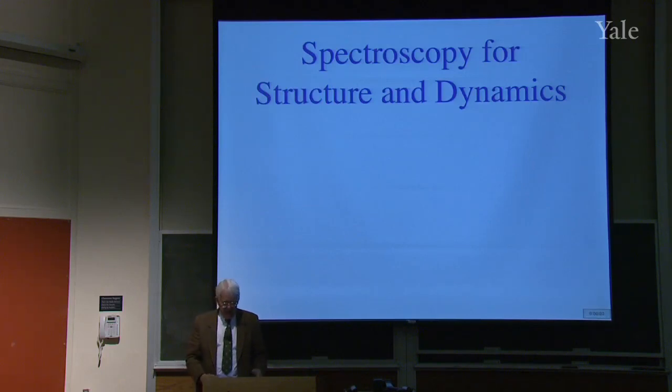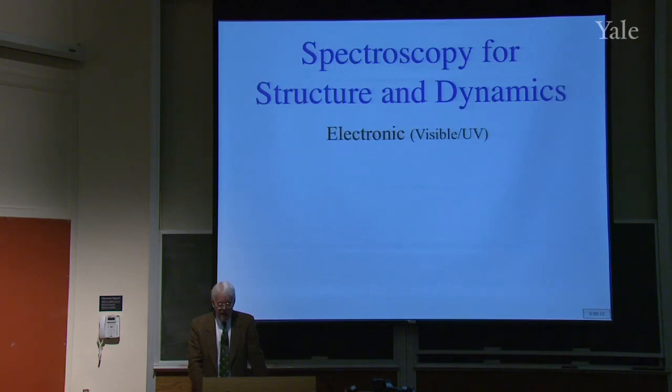Now, we've seen here spectroscopy used both for structure, but also for dynamics, how things are moving, right? And we saw it first in electronic spectra, where we saw the electrons sloshing up and down at a rate that had to do with the difference in energy of the two orbitals that are involved.